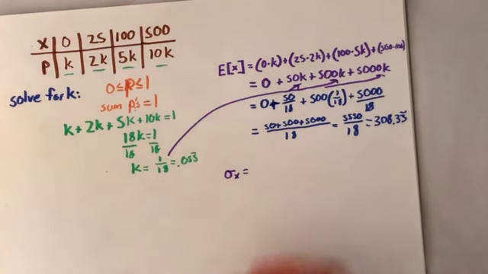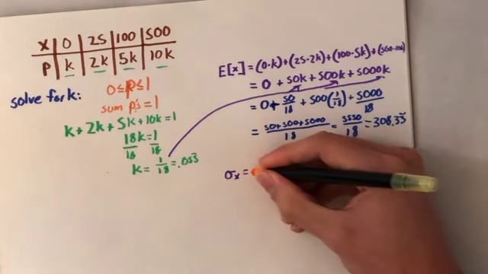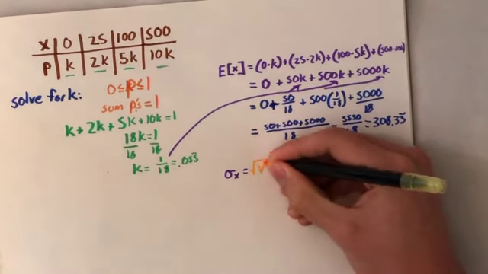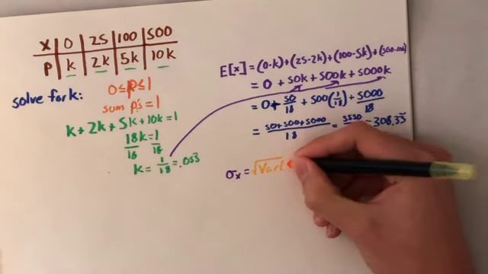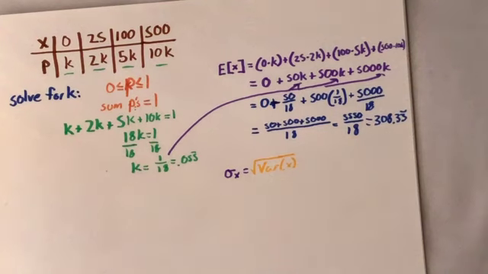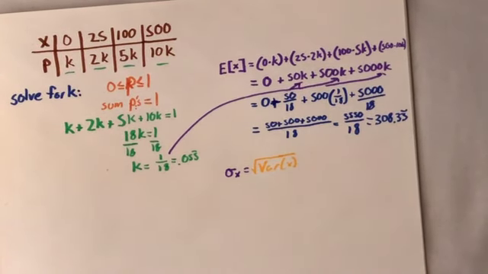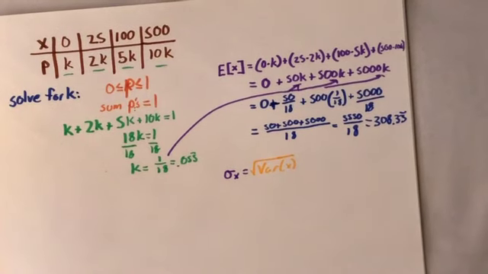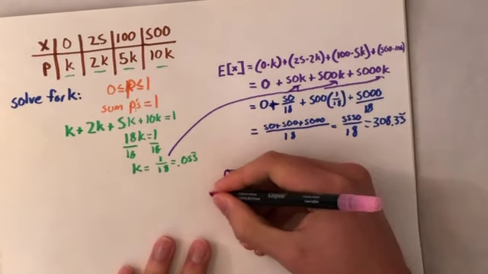Now we want to do the same thing with our standard deviation. Our standard deviation equals the square root of our variance, so we have to find the variance of x first. Our formula is very similar.